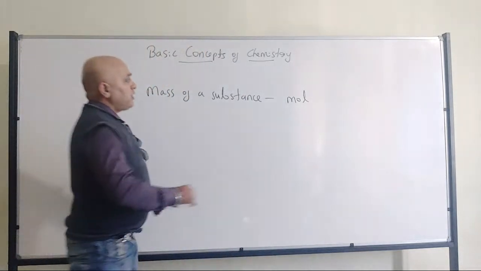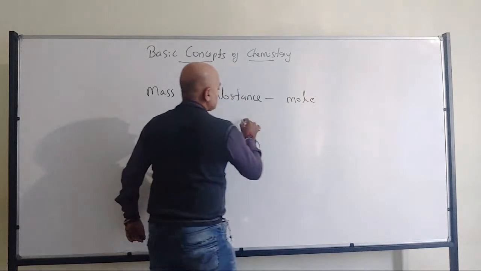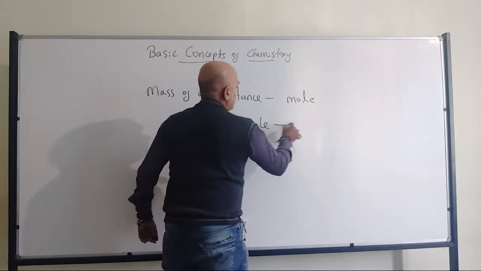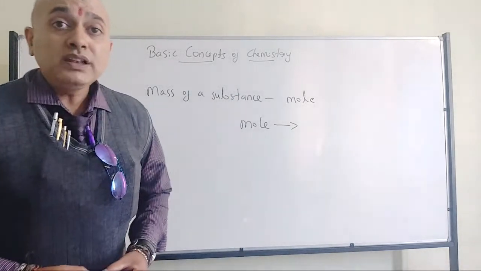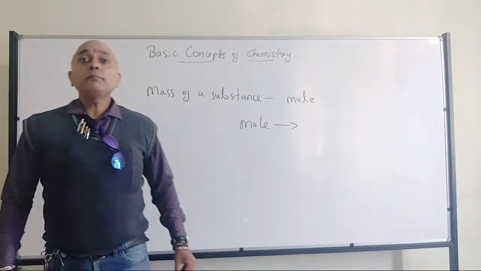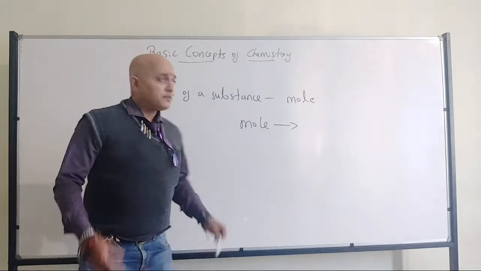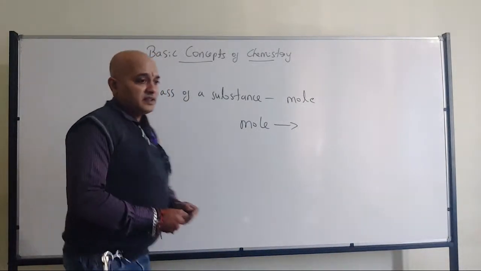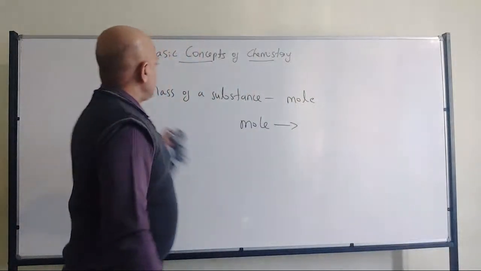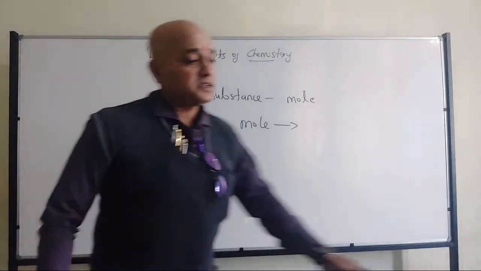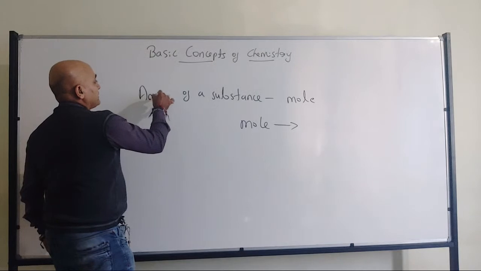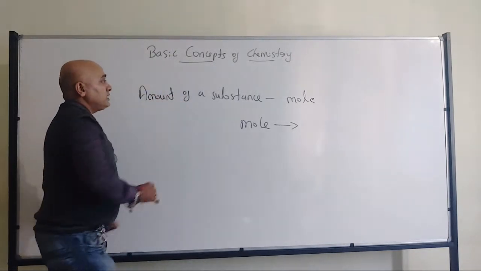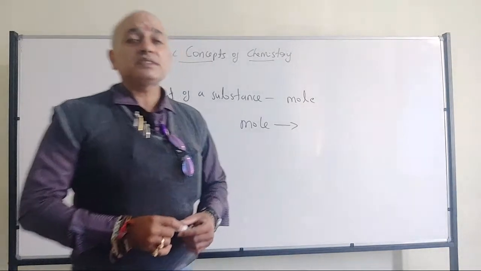So now when I am talking about mole, what do you mean by mole? Mole is nothing but a number. Amount of substance, right? Sorry, mass of substance was written. It should be amount of substance, right? So mole is nothing but a number, because we are talking about amount of substance.